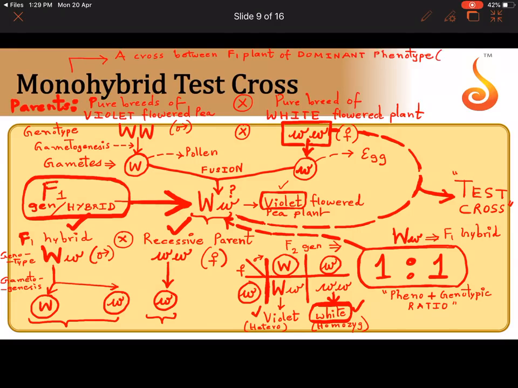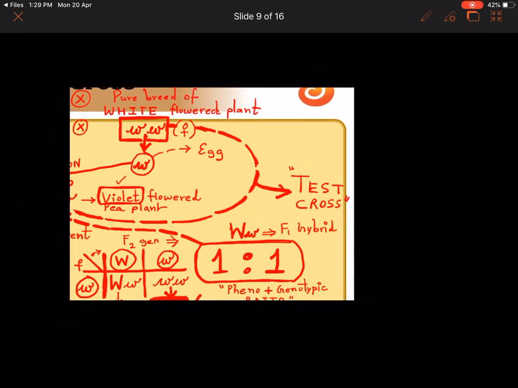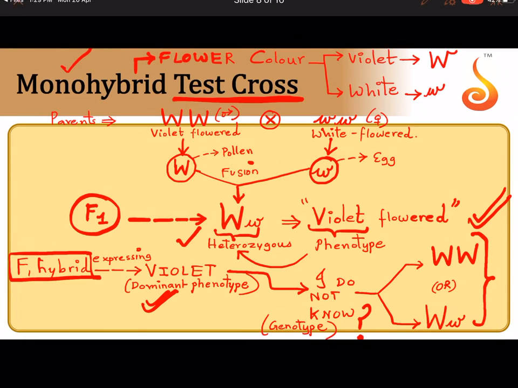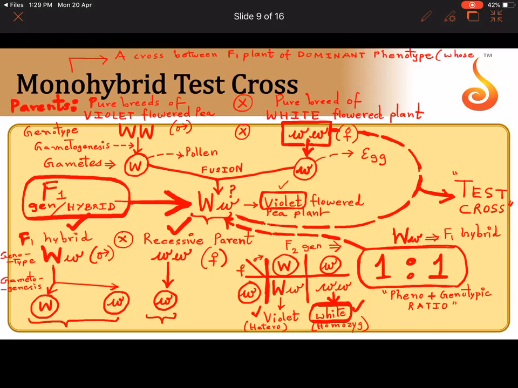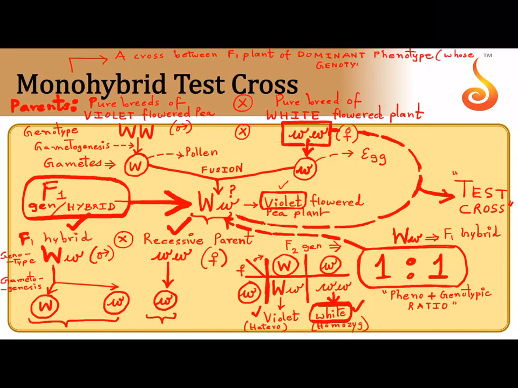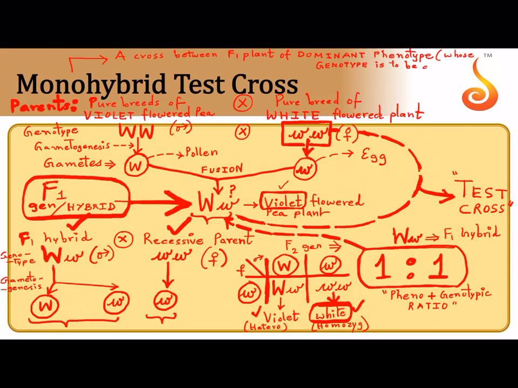What did you not know about this plant? Whose genotype is to be determined. You don't know whether it is capital W, capital W or capital W, small w.